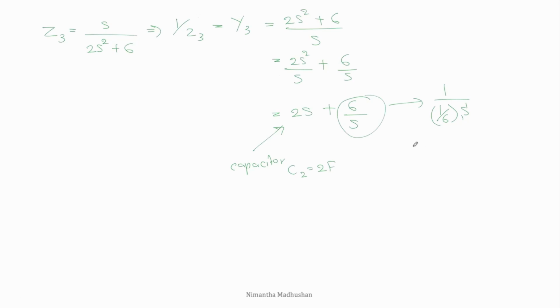This is the inductor value, L3 is equal to 1 over 6 Henry. For this one, plus mark is here, then these two elements are connected in parallel. L3 is equal to 1 over 6 Henry and C2 is equal to 2 farad.